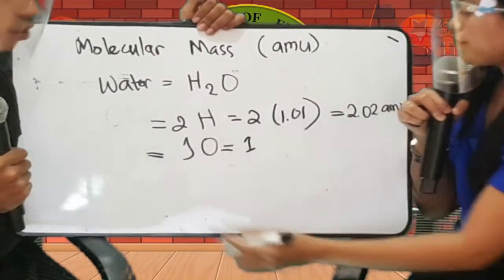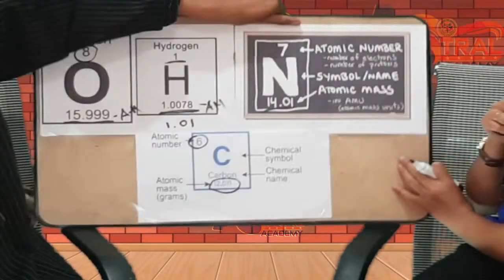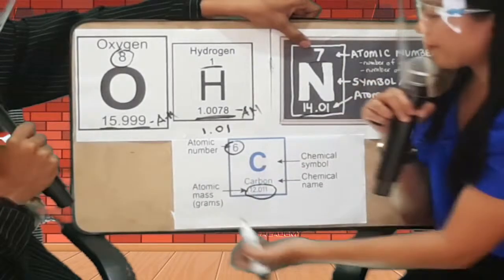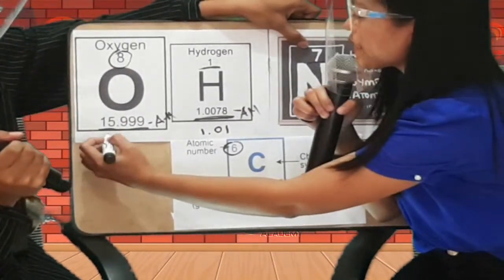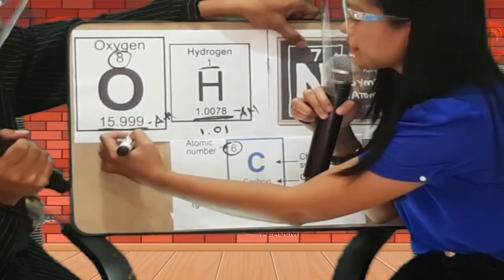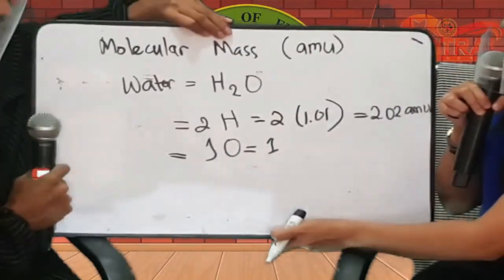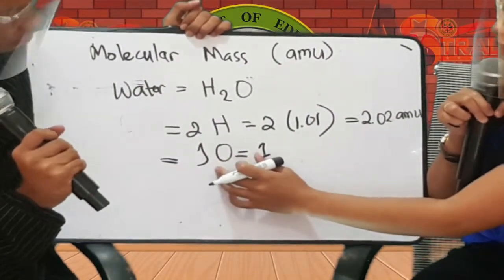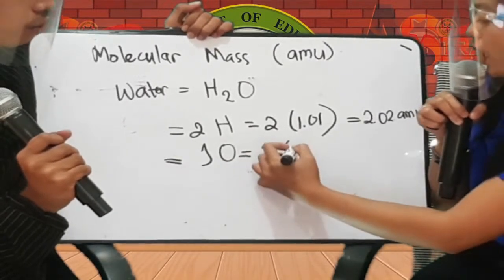And for oxygen, the atomic mass of oxygen is 15.999. If we set it to 2 decimal places, that would be equal to 16.00. Since we only have 1 atom of oxygen in the water molecule, we multiply it by 1.